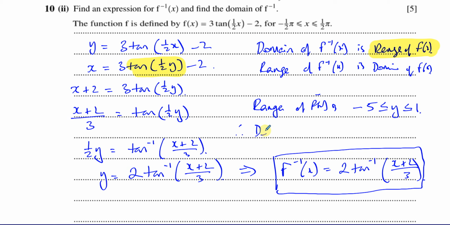Therefore, the domain of the inverse function is between minus 5 and 1. We call it x, for the domain is always called x. The range is f of x or y. So here the domain of the inverse function is between minus 5 and 1. So there's the answer for the domain, and we got the actual function itself, and there's the answer for part 2.